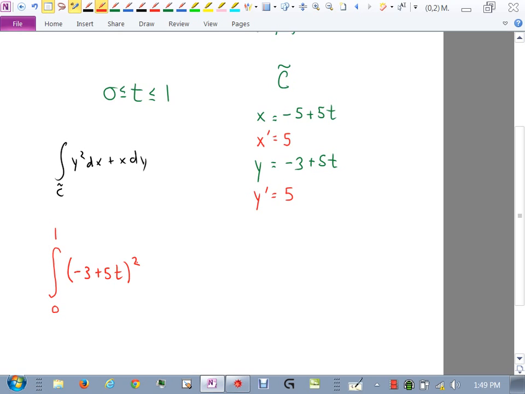Then times 5 dt, right? I'll save the dt till the very end. Plus, now let's do x, which for us is -5 plus 5t times dy, which is 5. And now all of that dt.